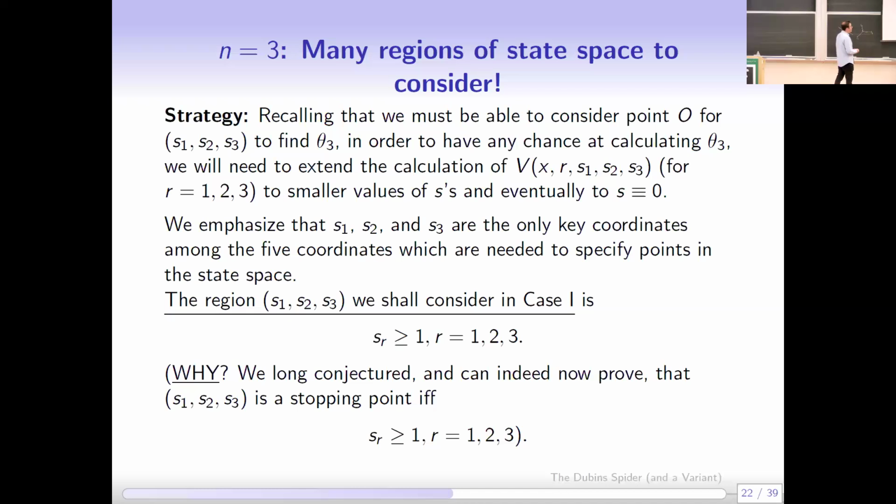The reason we start there is that we long conjectured, and indeed we can now prove, that S1, S2, S3, this element of the state space, is a stopping point if and only if SR is greater than or equal to 1 for all R. So you will have a stopping point if S1, S2, and S3 are all greater than or equal to 1. If 2 out of the 3 are, but the third one isn't, you don't know if you have a stopping point. It only gives you one characterization of a stopping point. So that's the first region.